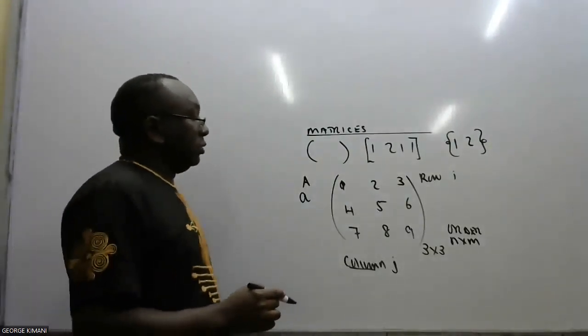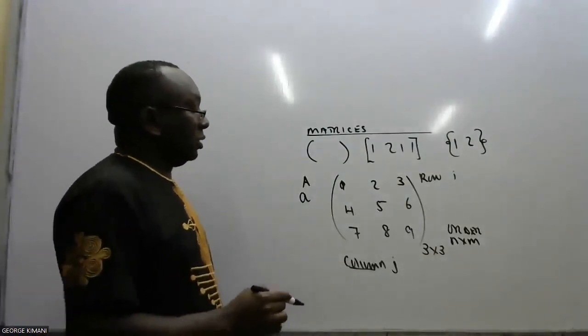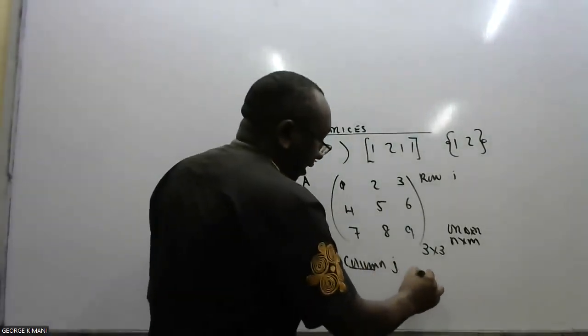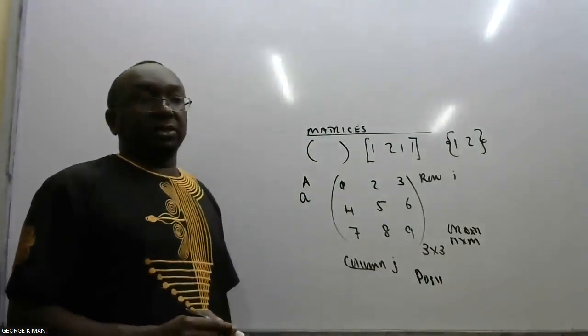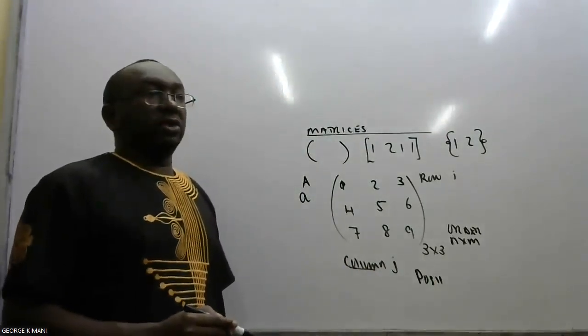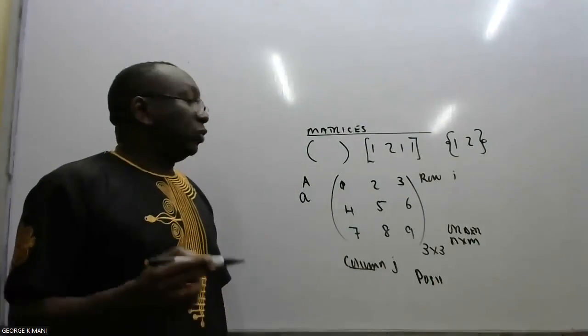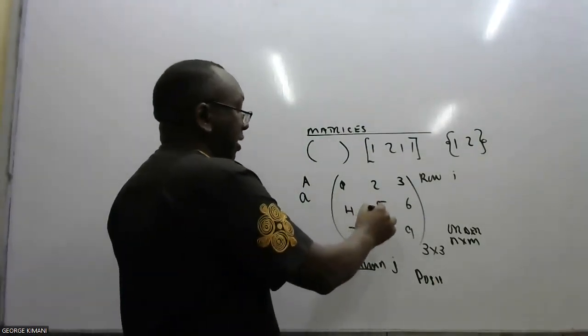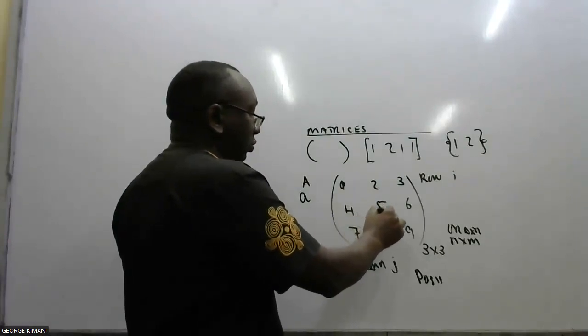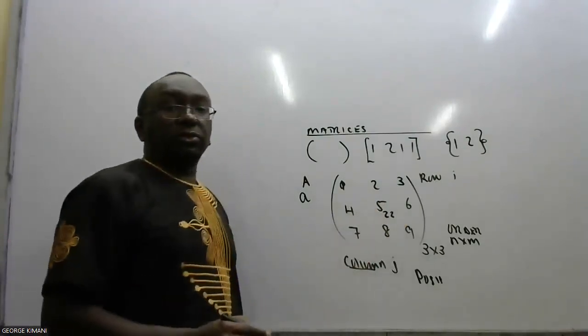The other thing that you need to note is the position of an element. The position of an element is shown at the intersection of the row and the column at which the element is found. For example, this element here is at the intersection of row 2, column 2. So it is 2, 2.